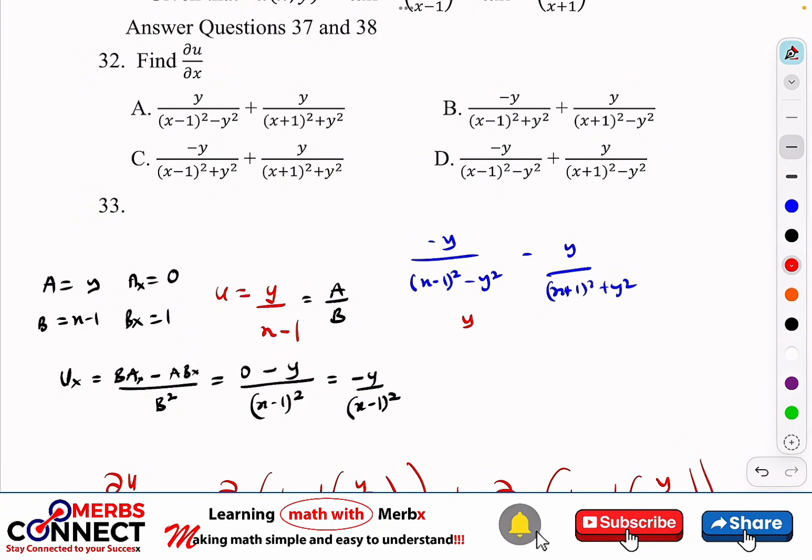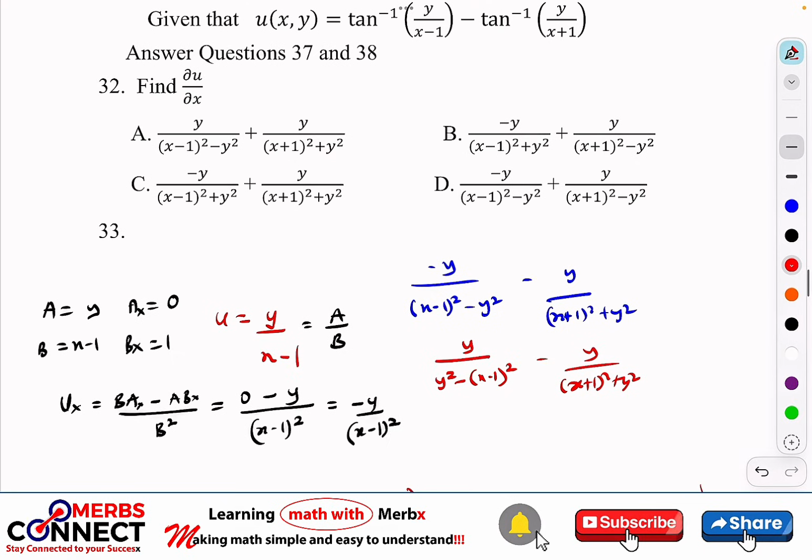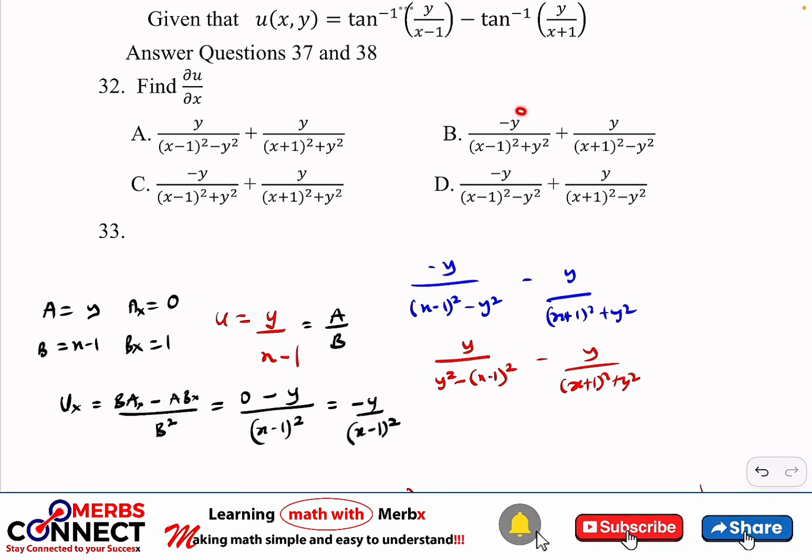So this is going to be y divided by y squared minus x minus 1 squared, minus y divided by x plus 1 squared plus y squared. I'm sure that's what they've done. Sure, pretty sure. So the one with the minus here, no. This one too, no. Okay, I have this guy. Is it the same as this?